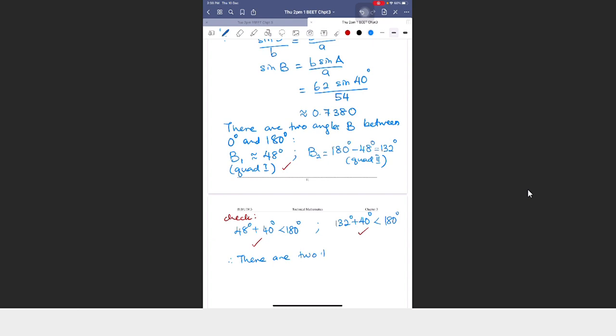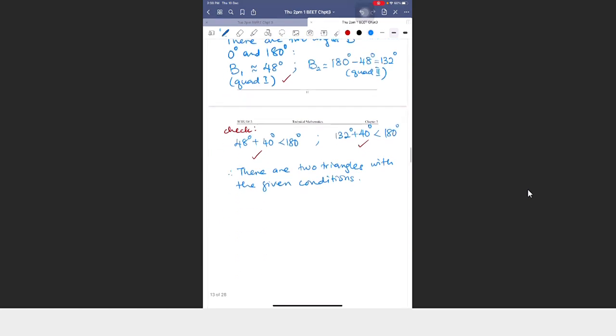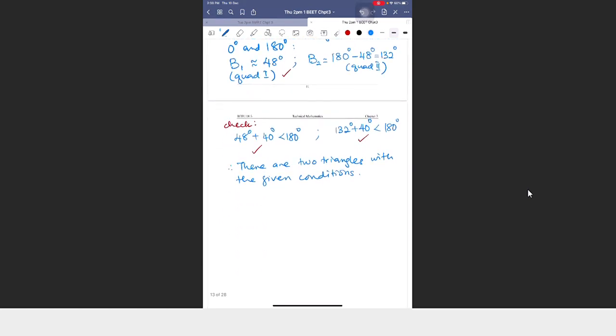Namely triangle 1 and triangle 2. So then I can solve separately one by one. Let me say first is triangle number 1.